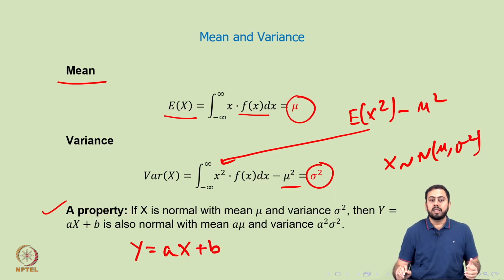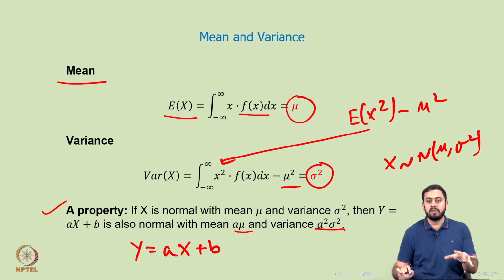So it turns out that the distribution of y is also normal with mean a mu and variance a square sigma square. So the mean of the random variable y becomes a into mu, and the variance of the random variable y becomes a square into sigma square. These are a couple of properties. It will be a good idea to keep such properties in mind related to a normal variable.